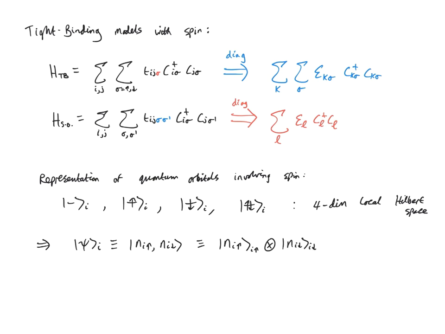So this is really what these 4 states of our local Hilbert space actually mean. We can just write them in terms of the occupation number basis, and we just regard the up and down as different quantum orbitals. In particular, we can suppose that the empty state of site I is equivalent to the vacuum state of that site.